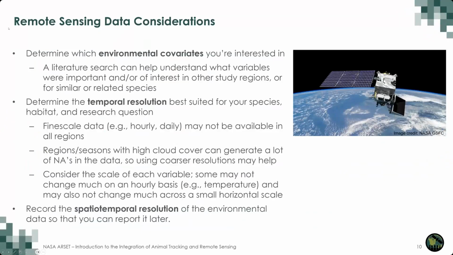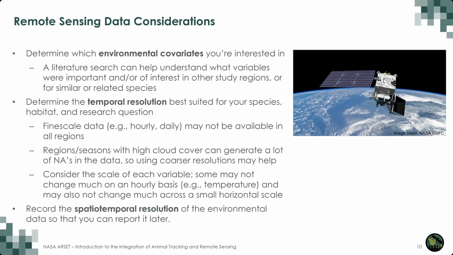And so when you're starting to think about using remote sensing with tracking data, you want to consider a couple of things, including which environmental variables or environmental covariates you're going to use. And what I find most useful is to just run a literature search and see what other studies have done that have used remote sensing either with your study species or in your study region or for a similar research question that you might have.